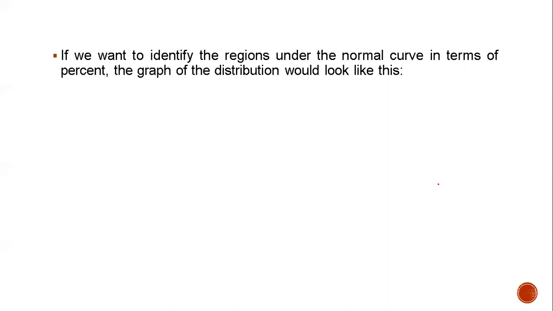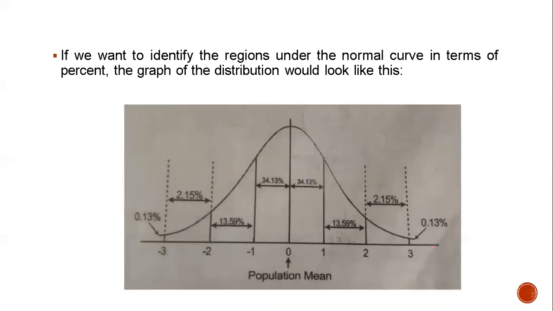So, kung ico-convert natin into percentage, maging ito yung itsura niya. Pansin niyo nakaraan, di ba? Anong value dapat ito na 0 hanggang 1? It should be 0.3413. Tandaan na natin yan kasi madalas ginagamit natin itong 0 hanggang 1. Ito yung tinatawag na probability.